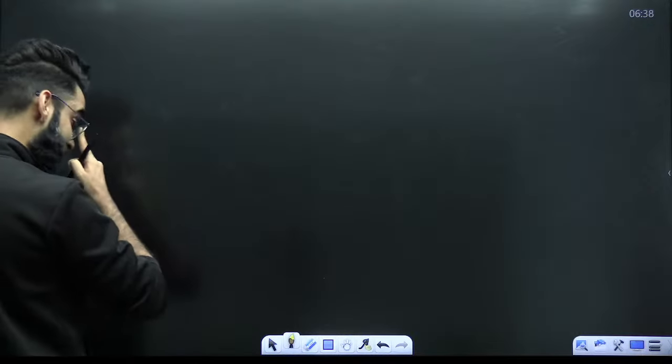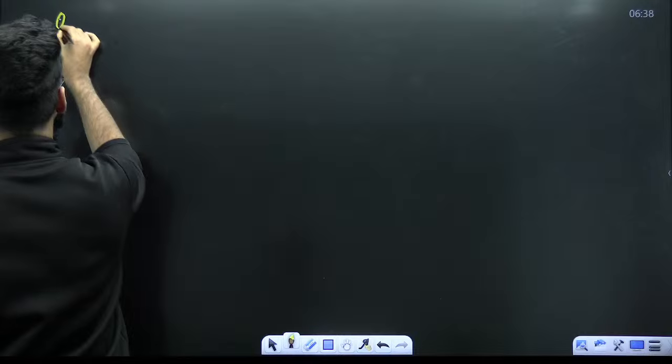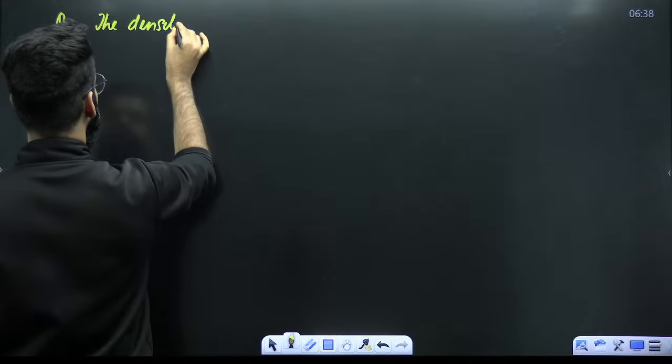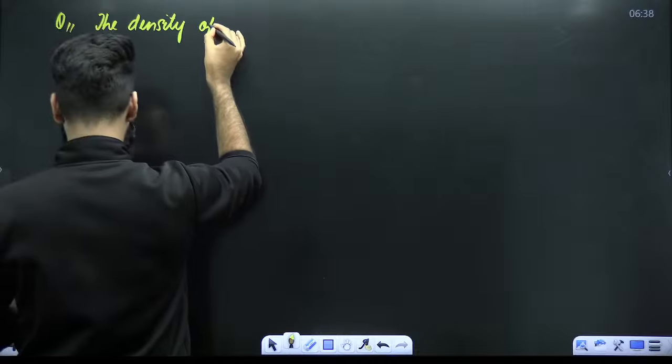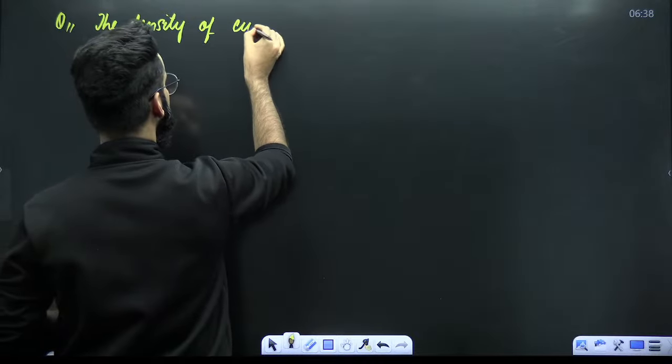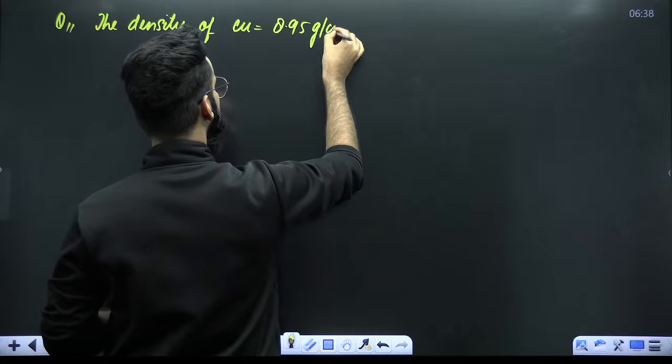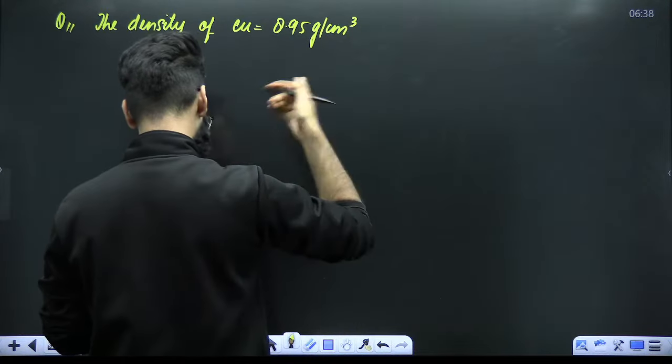Okay. Now, let me give you one more question. The question is like this. The density of copper is equal to 8.95 grams per centimeter cube or grams per ml.